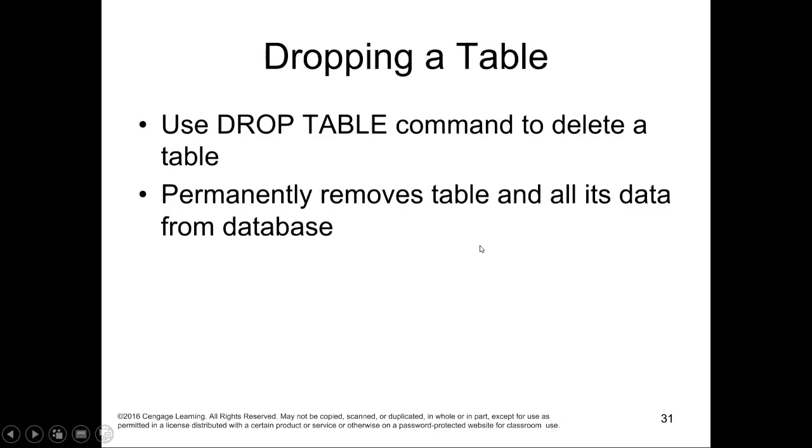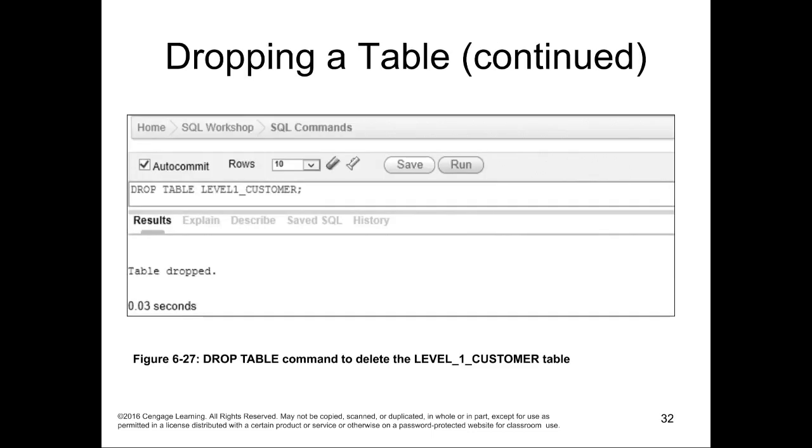After we've duplicated that data and done all those changes in that new table and we've done all the linking, now we can drop the original table to get rid of it. And again, we know that dropping a table permanently removes the table and all its data from the database. So here's how you do that. You drop a table.